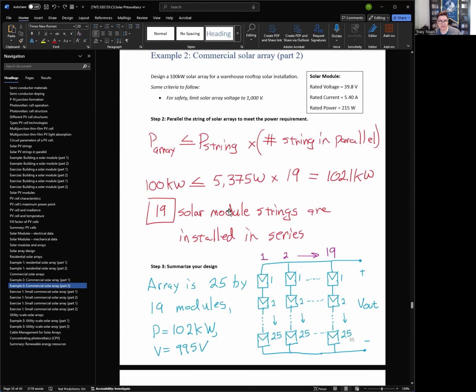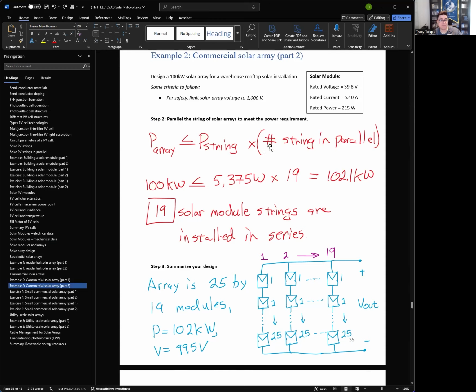Now we could take that string and copy and paste it over and over again to increase the power to 100 kW. Our total power of the entire array needs to be equal to or greater than 100 kW. That's why I have the equal-or-greater sign. We have an individual string power of 25 solar modules of 5,375 watts.